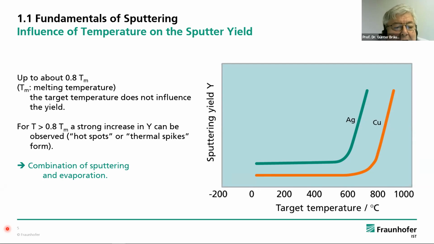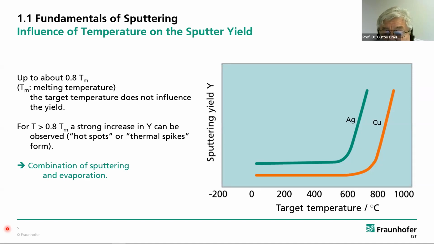Sputtering is a cold process. So the phase transition is from solid to gas and back to solid. While in evaporation, the phase transition is from solid via the liquid phase in between, then the vapor, and then again solid.